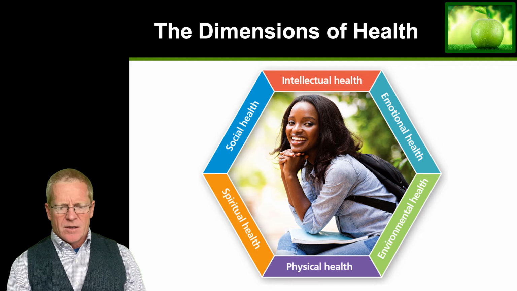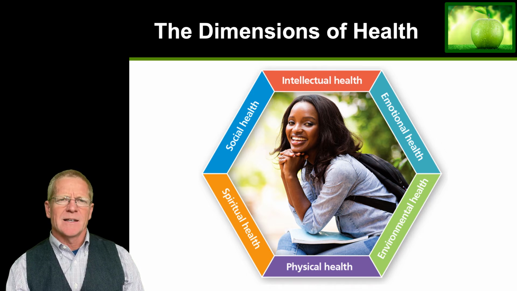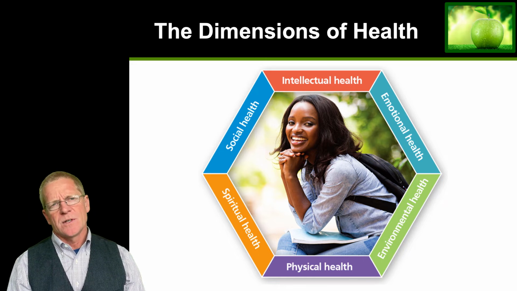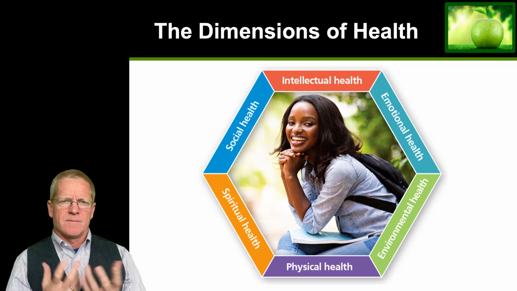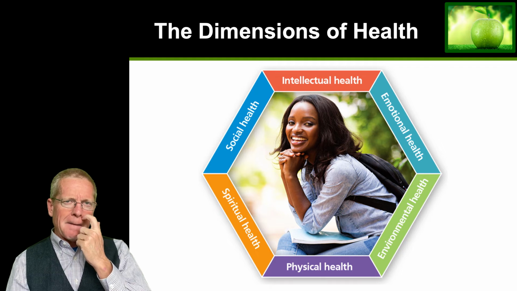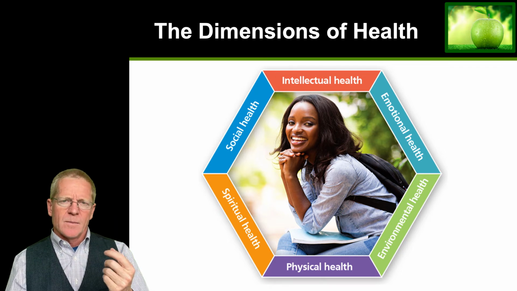So what are the dimensions of health that we're going to talk about throughout this course? We're going to talk about intellectual health. Intellectual health is a concept that may at first seem not obvious, but you need an intellect that functions. Examples where intellectual function is compromised include things like dementia, perhaps drug addiction, and Alzheimer's.